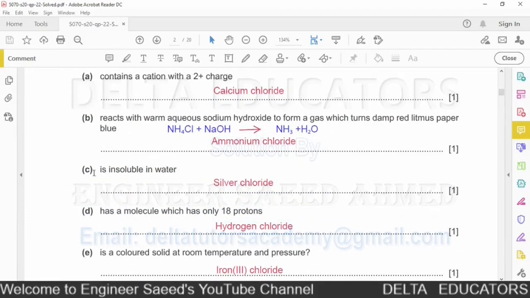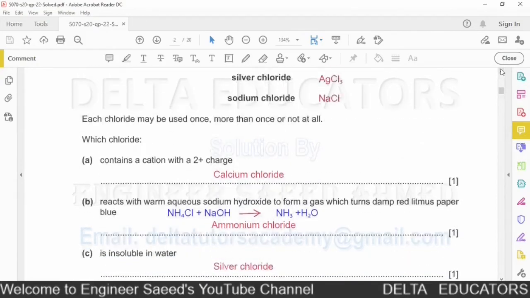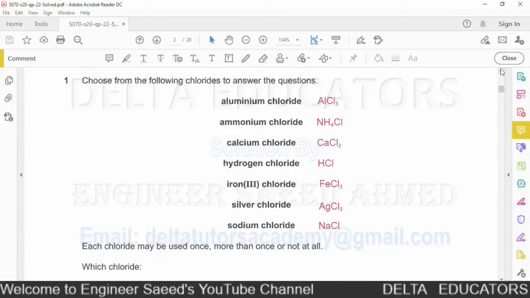Part C is insoluble in water. Here we have aluminum chloride, ammonium chloride, calcium chloride, hydrogen chloride, iron chloride, silver chloride and sodium chloride. Out of the list, only silver chloride is insoluble in water.